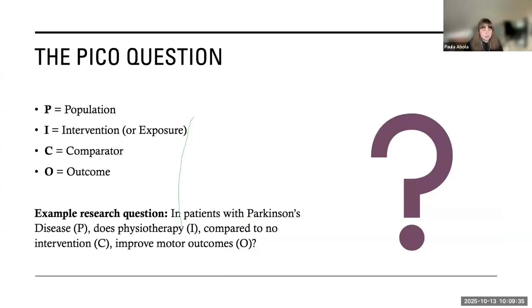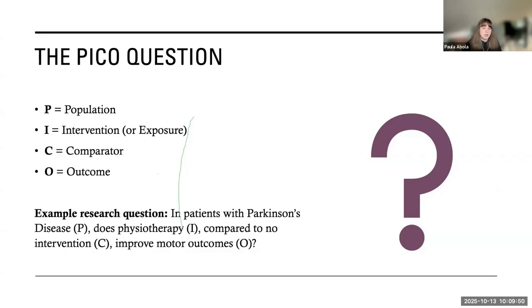Clarity in the research question is everything for a systematic review, same as we learned in original research when you're conducting a survey study, for example. The PICO framework makes your research question for the systematic review very concrete.